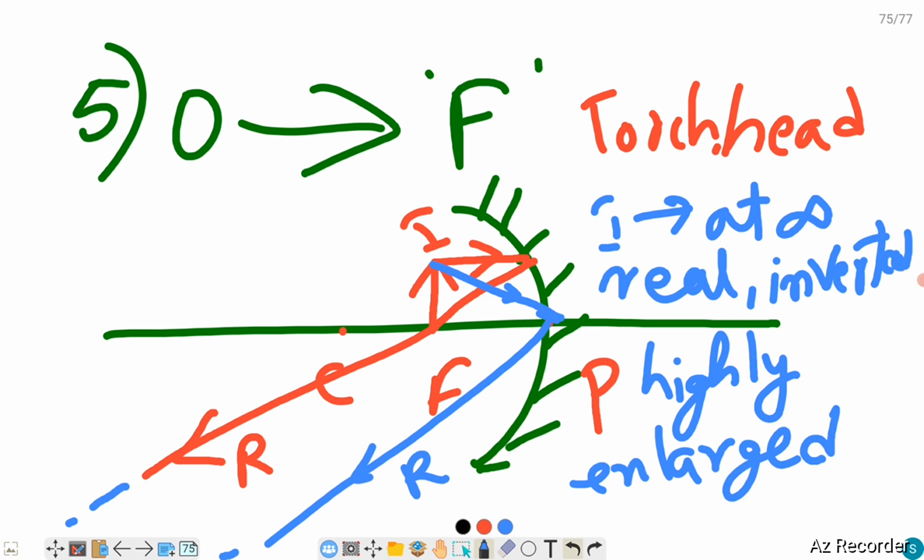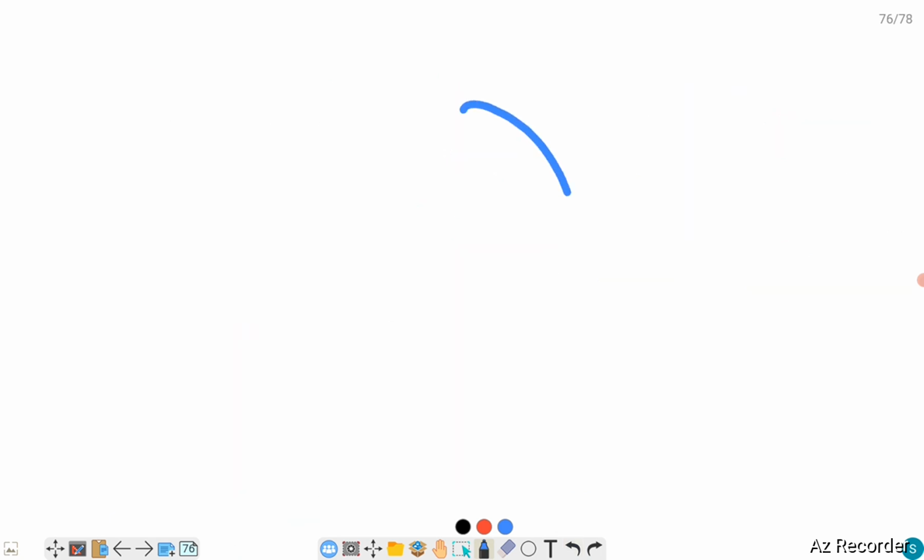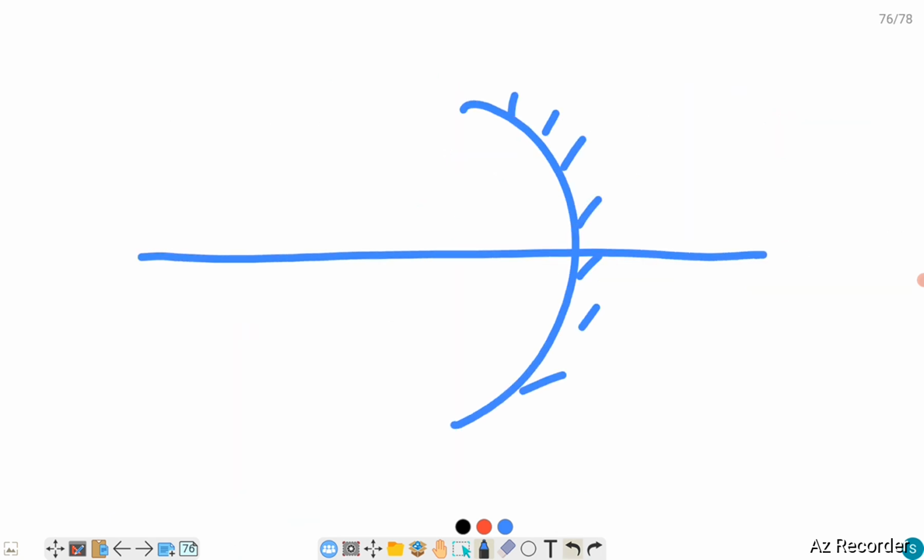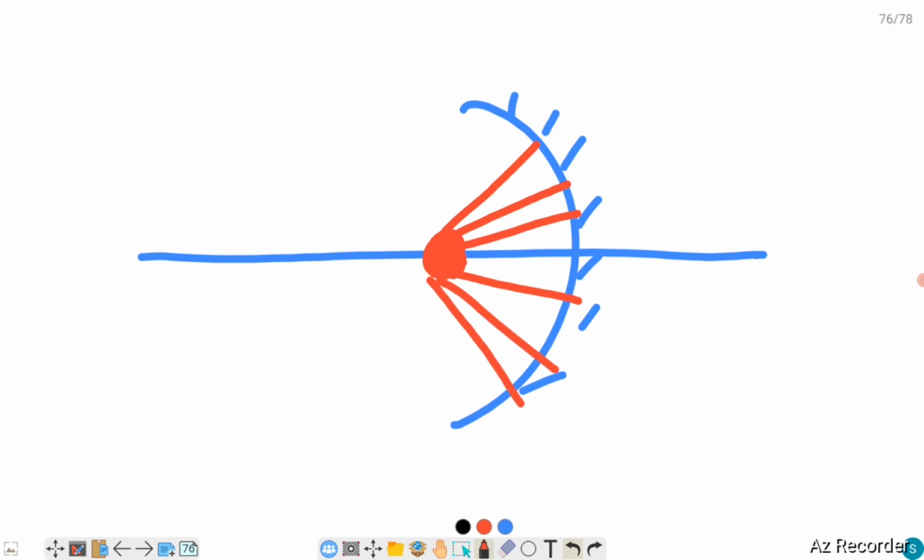Now let us see the applications carefully. Whenever we have a concave mirror like this, here at focus you place the bulb. That means from focus all the light rays will fall on the reflector. Correct?